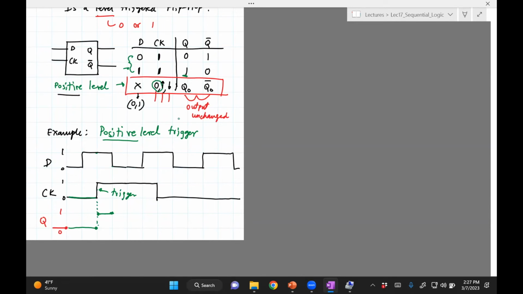So it reaches here, and then we see that D goes to 0. But then the clock is still 1. And 1 means that we should see a corresponding change because we are still focusing on this part. For clock 1, there is a change. So D goes to 0, so will Q go to 0. It keeps going. And again, we see that there is a change here. It goes up.